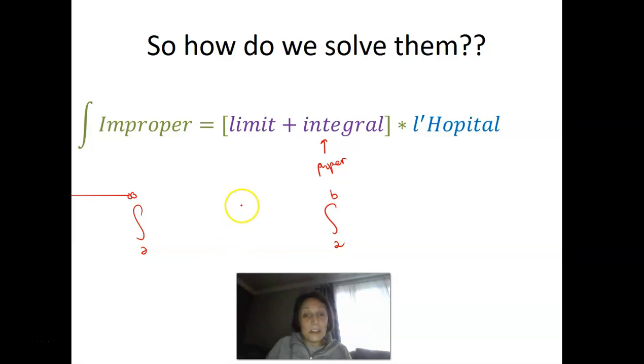And then to adjust for the fact that we took an infinity out and replaced it with a b, we say, okay, what if I told you that I was going to make b approach infinity? So I took an improper integral and I rewrote it, because I'm being sneaky, as a proper integral that contains a variable. That variable, I just happen to say I'm going to make it approach infinity. So we take an improper integral and we rewrite it as a proper integral with a limit on it.